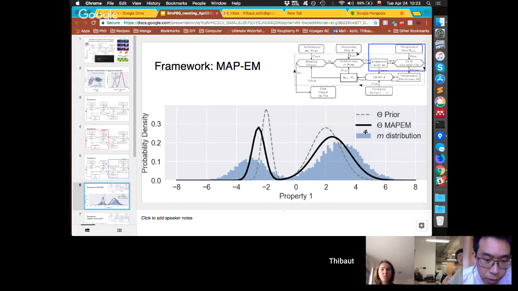And the prior is the dash. The prior is the dash, and so the posterior estimation is solid, right? The MAP-EM here means maximum a posteriori expectation maximization. So the MAP is really the posterior estimation. Okay, got it. And EM is the algorithm that is used for this optimization.